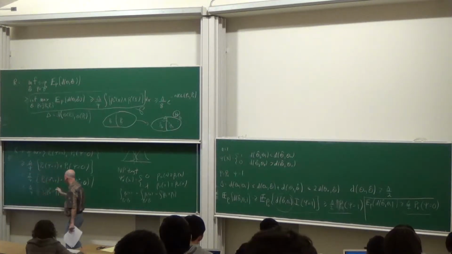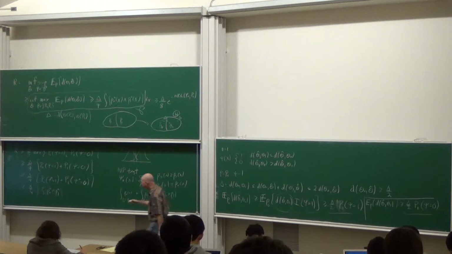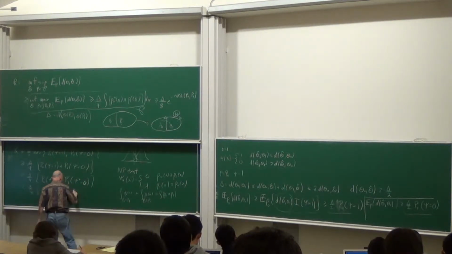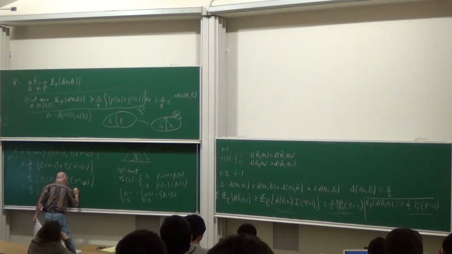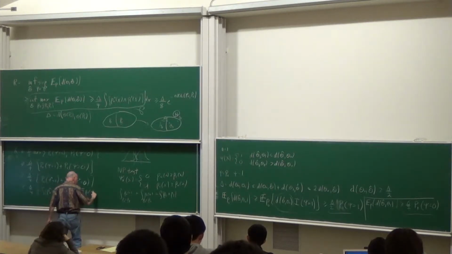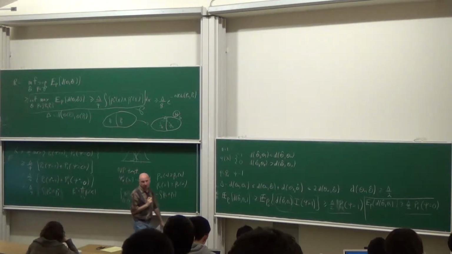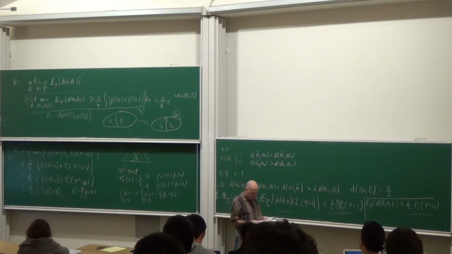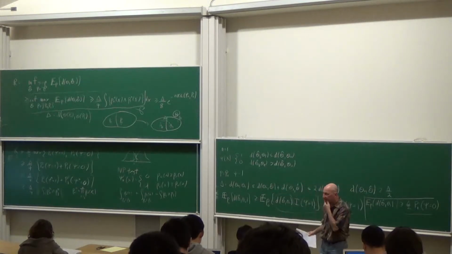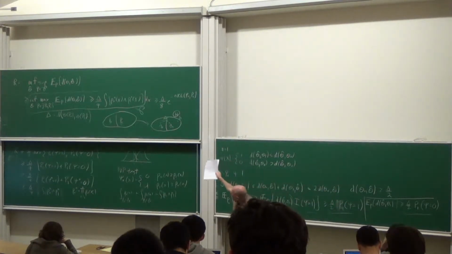But all that happens is those are raised to the power n. Remember what I mean by that: P0 to the n is really the product of P0 of xi, i equals 1 to n, and similarly for P1. And that proves the first statement, the one that's in the box.